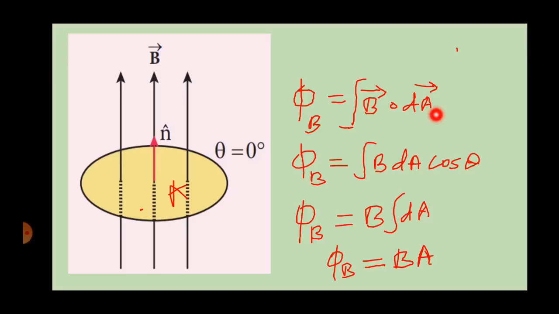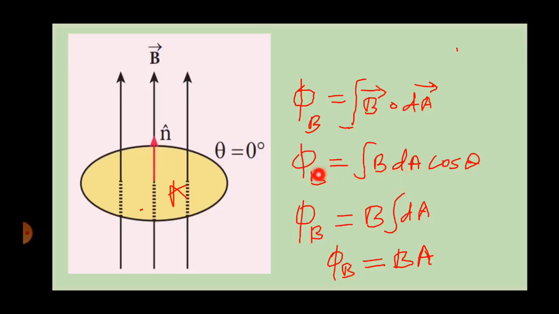So the magnitude is given by phi B is equal to the integral of B dA cos theta. This is the magnitude form. B is nothing but the magnetic field. It is a constant. dA is a small area. Cos theta: what is theta? The angle between the magnetic field and the normal to the area.